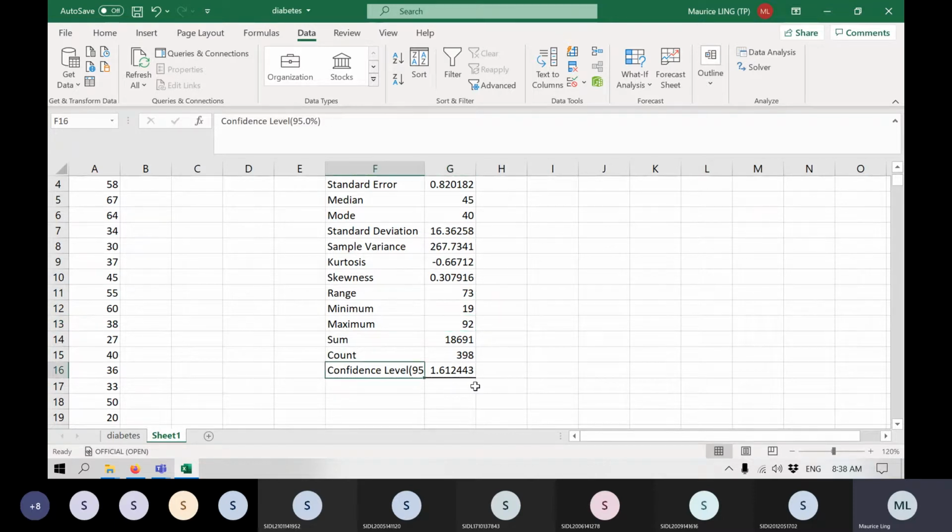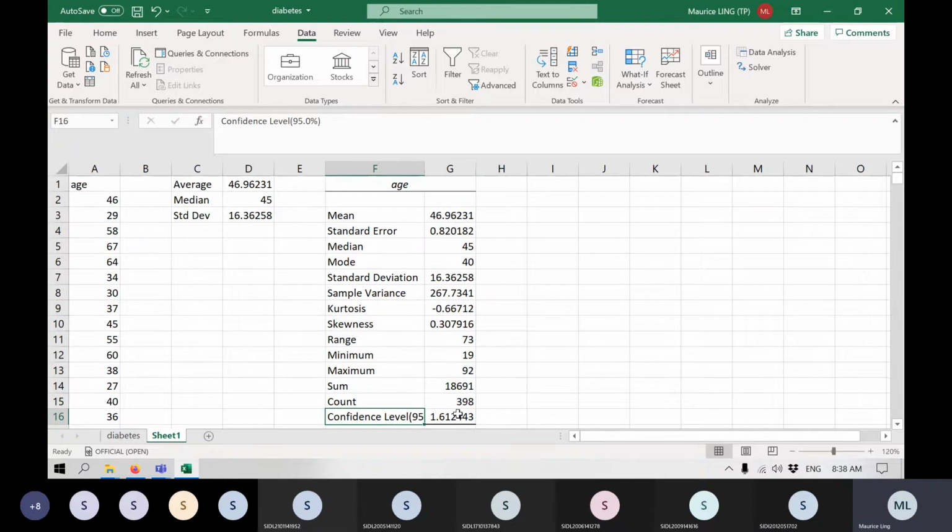The 95% confidence interval of the mean is 1.62. So it's 46.9, the mean plus minus this number. Okay, so that is how you can do it.